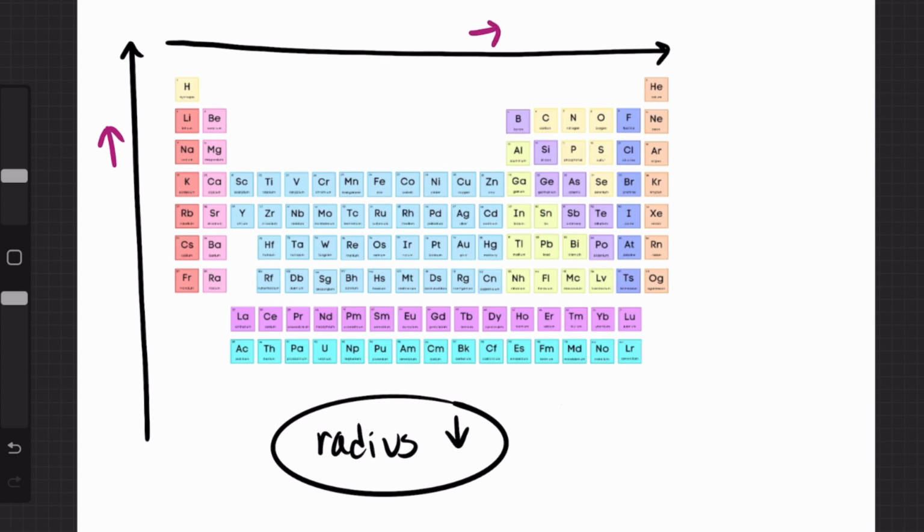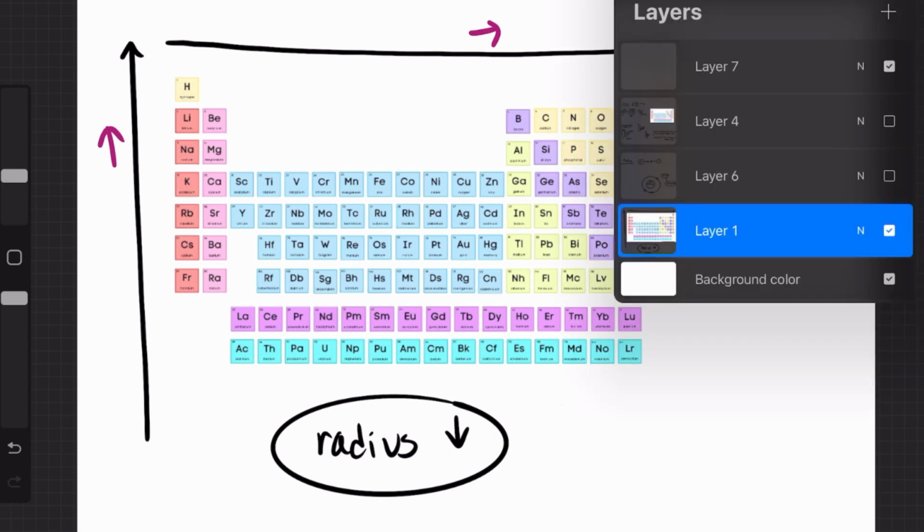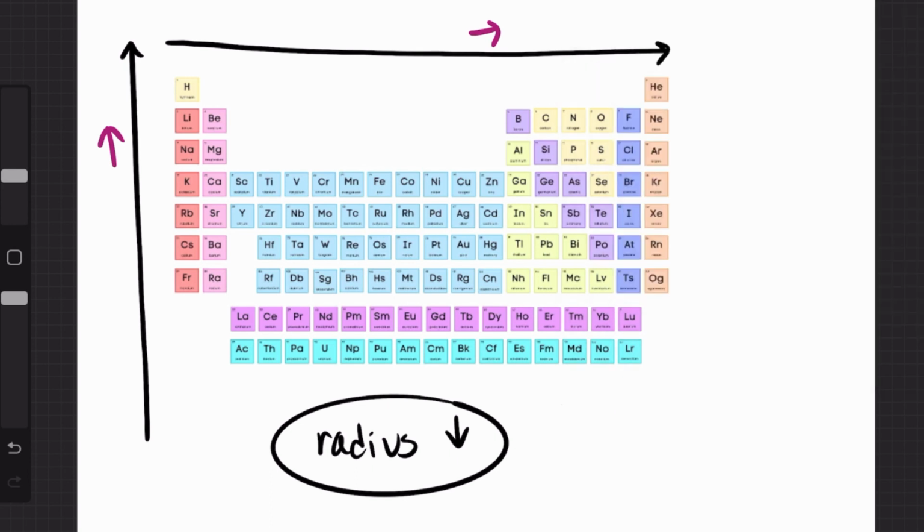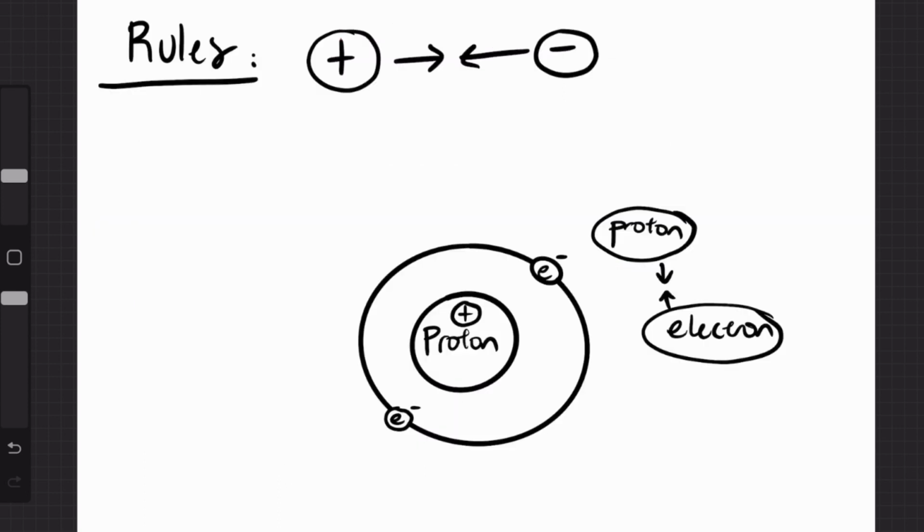There are two basic reasons why, one explaining the column of the periodic table and the other explaining the row. But first we're going to look at some basic rules to give you an understanding of what we're going to be talking about.